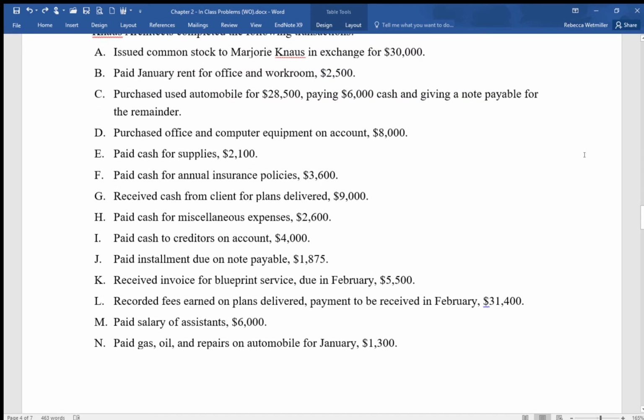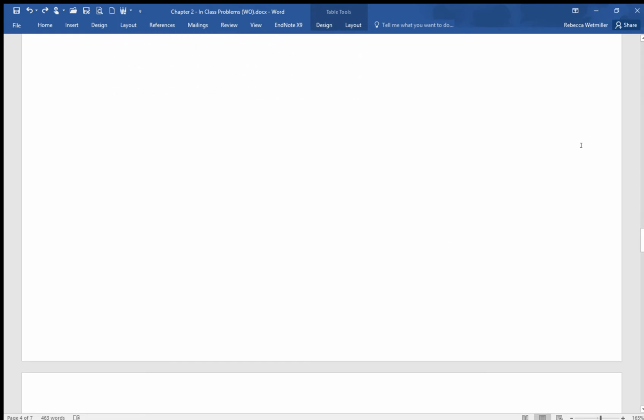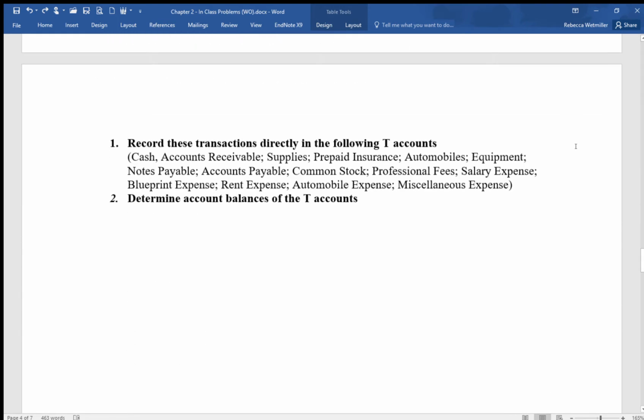So if we want to start, we can start with our cash T chart. If we draw out all of our T charts first, it might be easiest. So we'll do cash first. Make sure you leave yourself enough room for the cash one since that one has the most transactions.